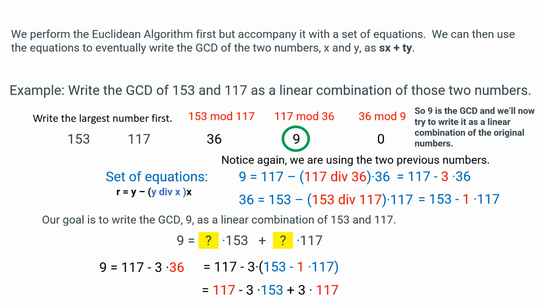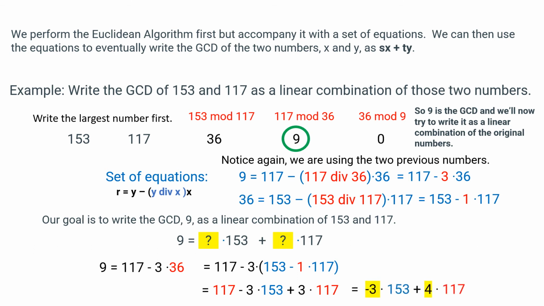But now I've got a certain number of 117s and a certain number of 153s. That's what I'm trying to find. That will tell us what our S and T is. So we'll just combine. We've got 117 and then 3 of them at the end of this expression.